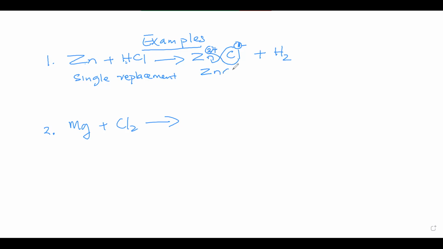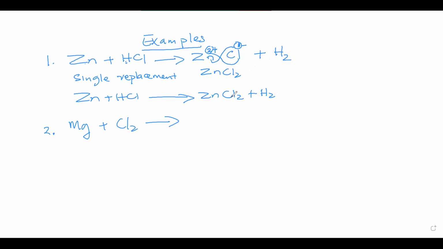Your product will be this, plus hydrogen. To make it neater, it will be zinc chloride plus hydrogen. Hydrogen is a diatomic element, those elements that come in twos. I hope you watched the other videos before this, because all of this we explained.